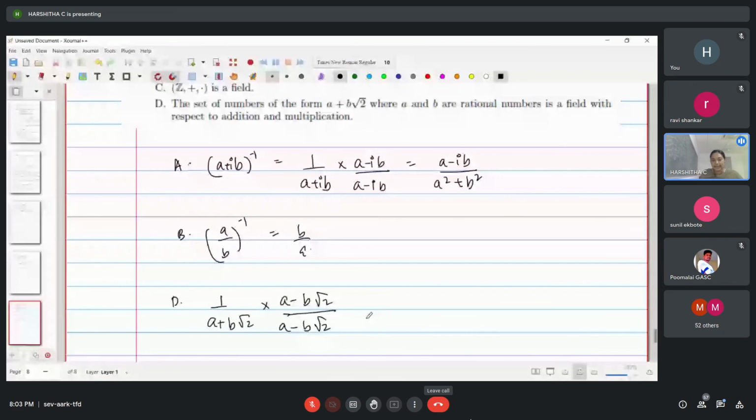So it will be (a - b root 2) by (a^2 - 2b^2). It is again of the form some rational number plus root 2 times some rational number. So it is a field.